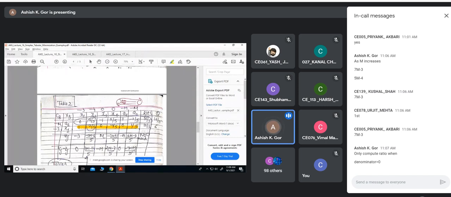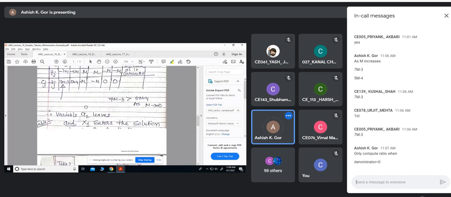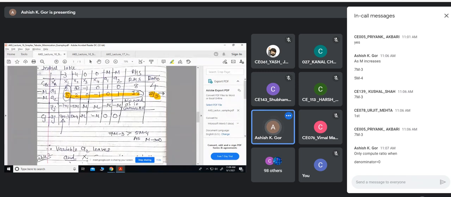So I'll just show the second iteration. For the rest of the iterations I'll just explain the logic. So this is the thing. x1 tries to enter, a2 left. And how would you compute this value? What is the new value corresponding to this 2?